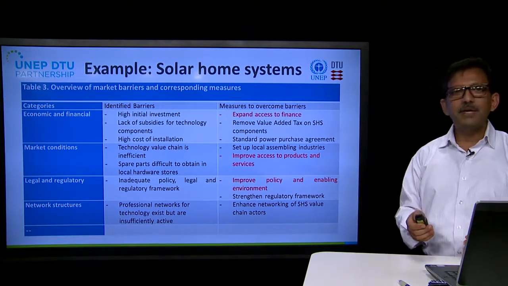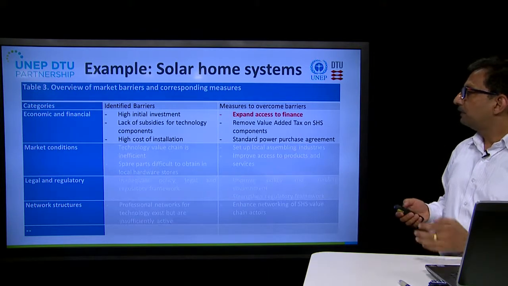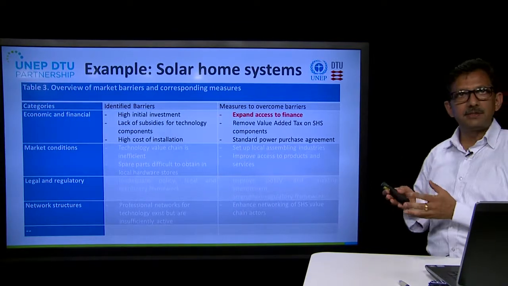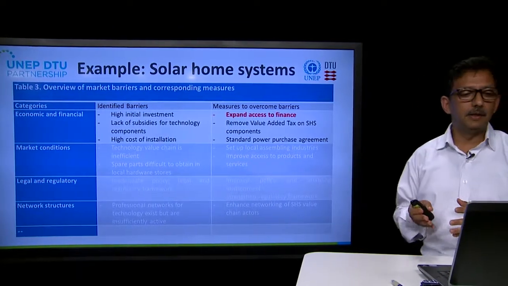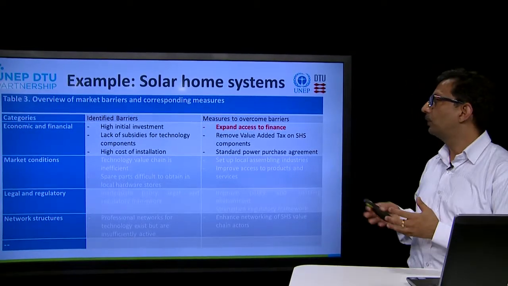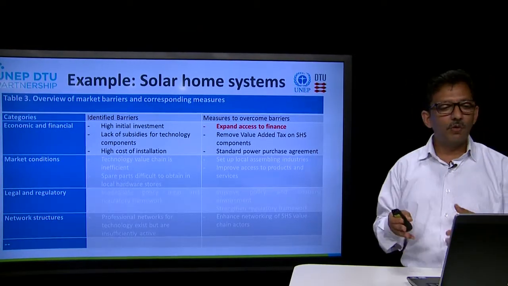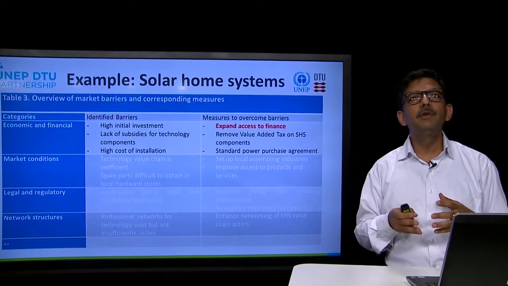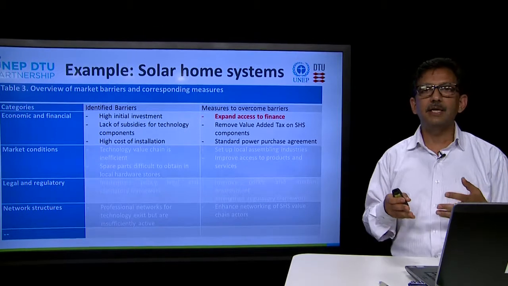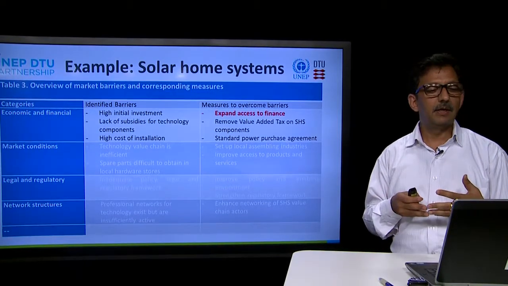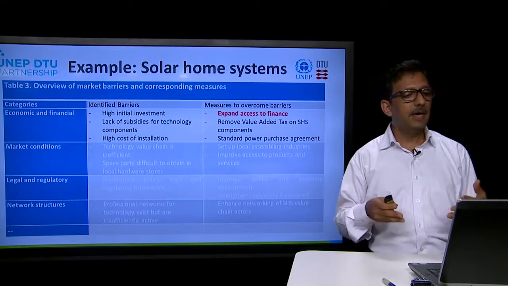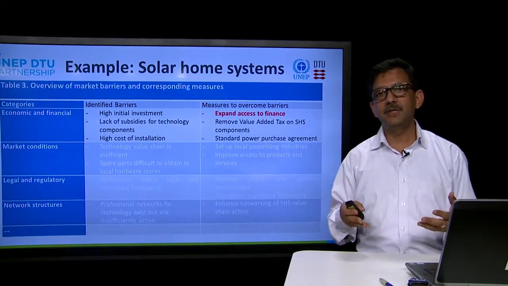Now when we come to the TAP part, let us take, for the sake of exemplification, economic and financial barriers. Within the barrier and enabling framework report, for solar home systems, we have identified 3 majors to overcome the financial barriers, and these are expanding access to finance, removing value added tax on solar home systems, and thirdly standardizing power purchase agreements.